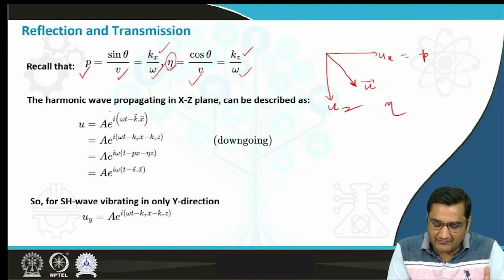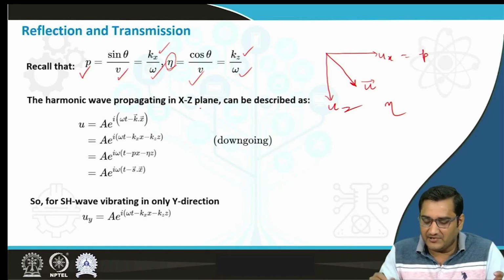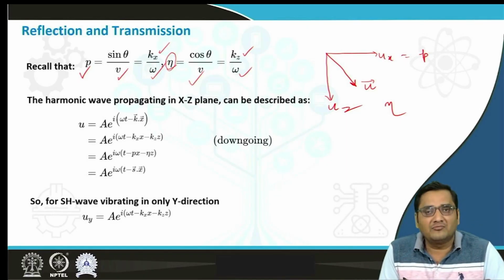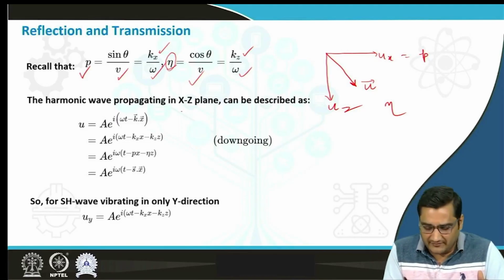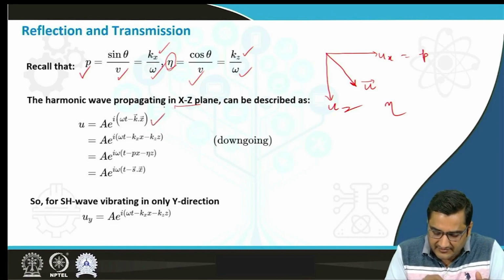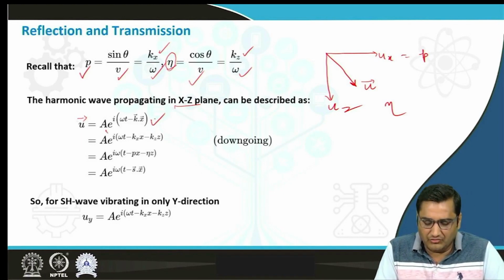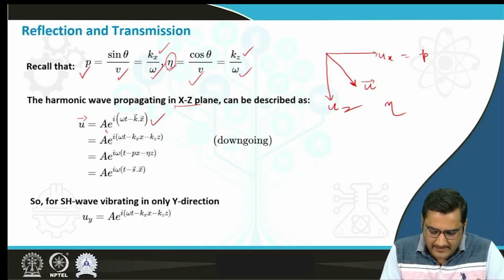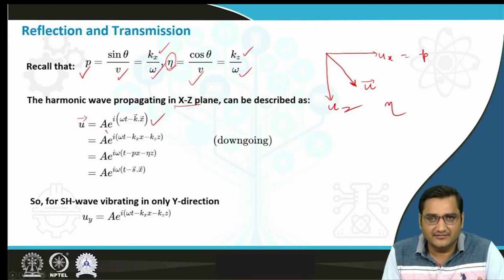Now the harmonic wave propagating in the xz plane can be described as u equal to A e to the power iota omega t minus k vector dot x vector. Similarly, A e to the power iota omega t minus kx x minus kz z.